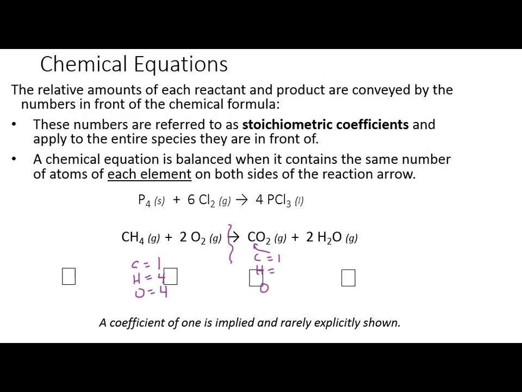Hydrogens, I have to figure out the hydrogens from over here. How many hydrogens do I have? I have 4, yep. Now oxygens, this is kind of fun. I have to count the oxygens here and here. How many oxygens do I have in 1 CO2? I have 2 oxygens. And how many oxygens do I have over here in 2 H2Os?